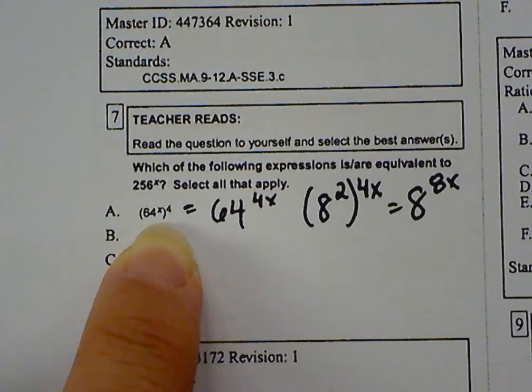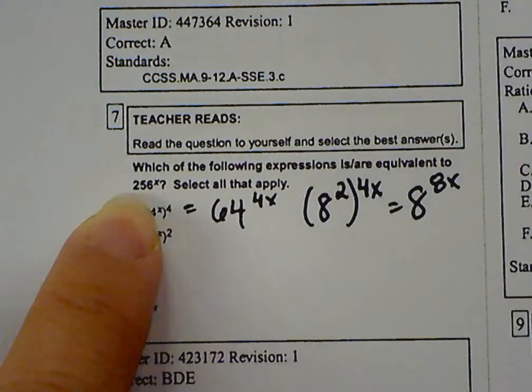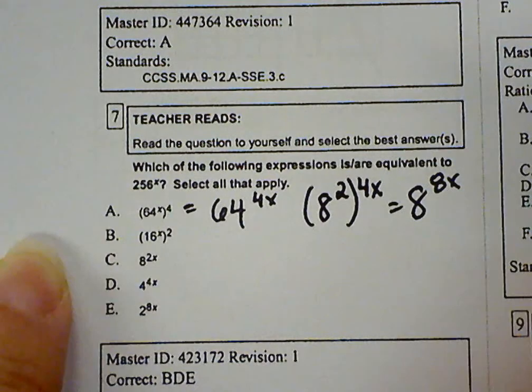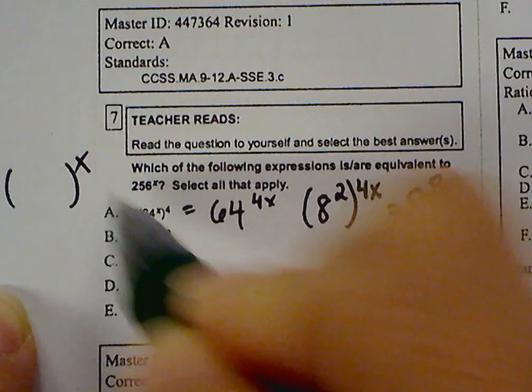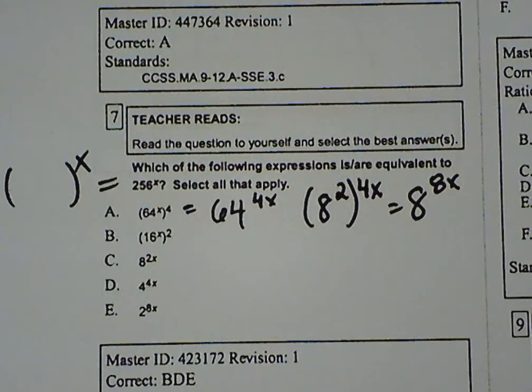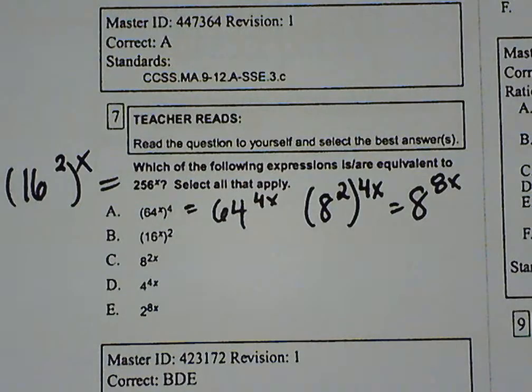What is 256 anyway? What's the square root of 256? 16. So 256 to the x is 16 squared to the x, or 16 to the 2x. Is this going to be the same?